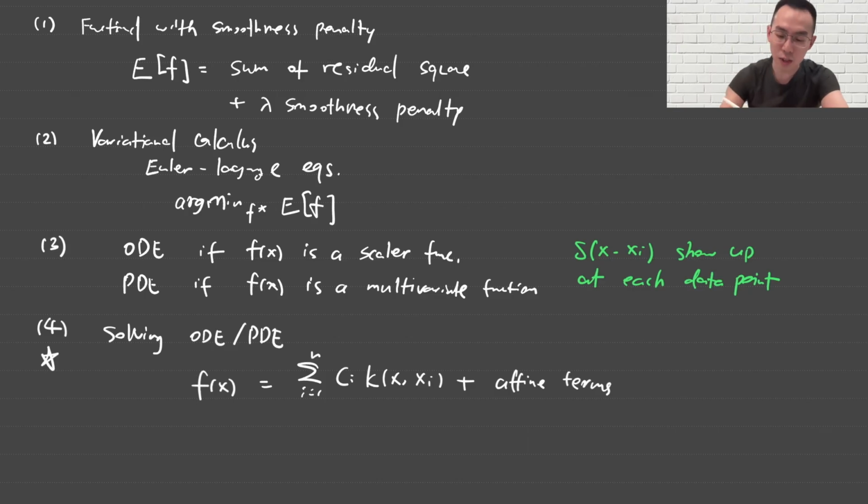And at the end of the day, right, we can rewrite everything into a linear system with n plus 3 parameters. I think in the general case, it's going to be n plus d plus 1 parameters.